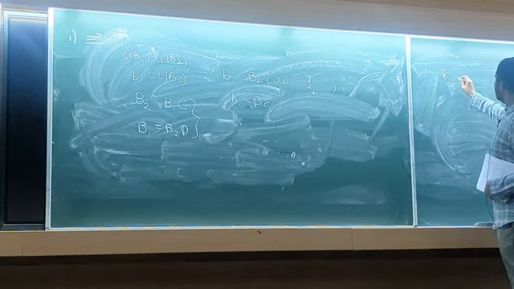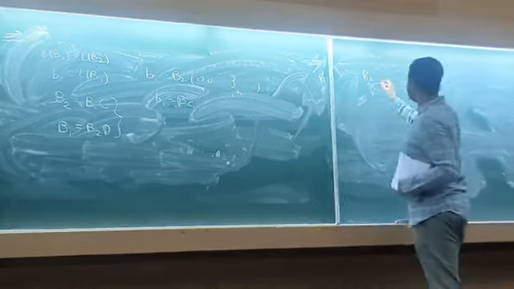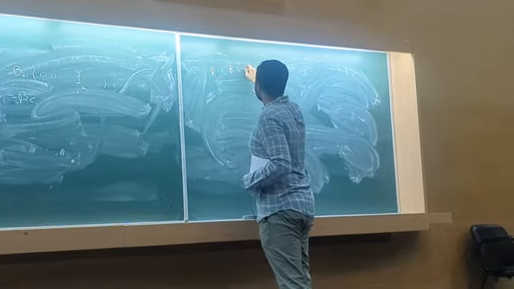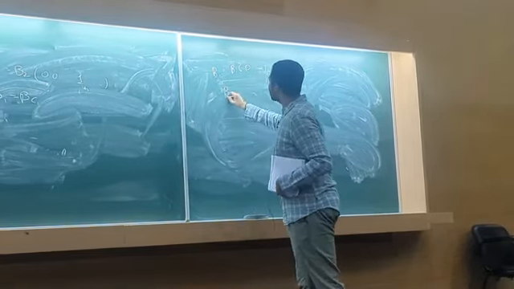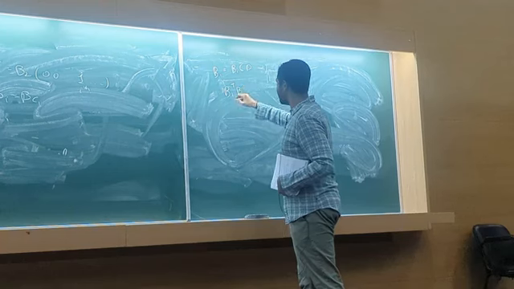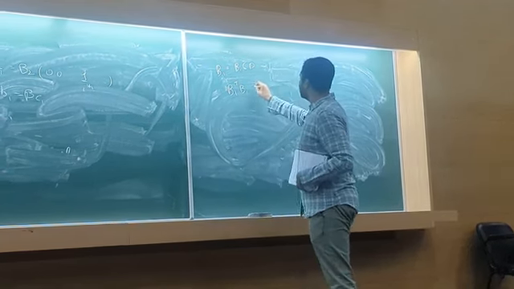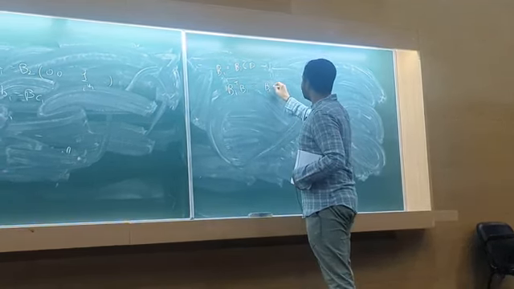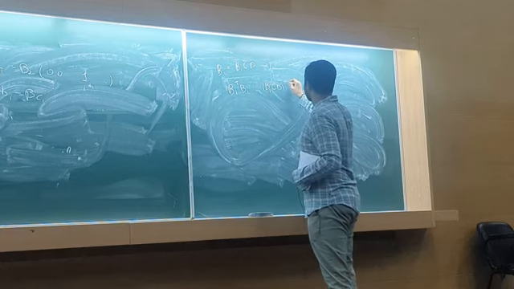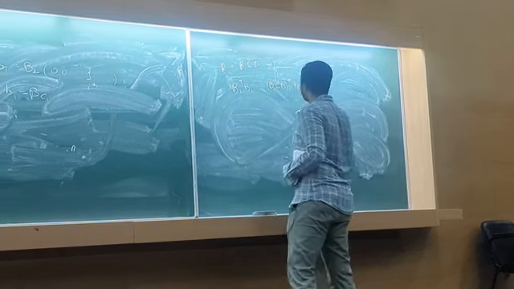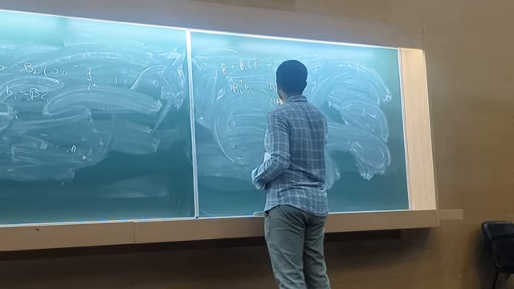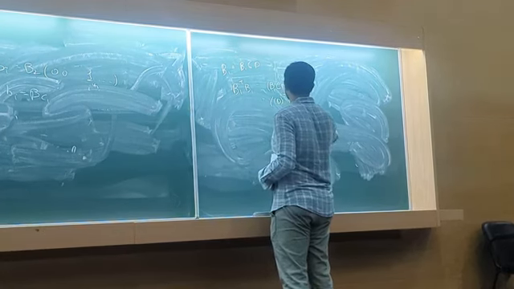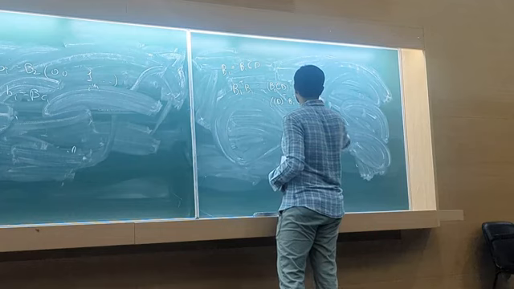B1 is B2D, which is B1CD. Consider B1 transpose B1. That will be (B1CD) transpose times B1CD, which is equal to (CD) transpose B1 transpose B1 CD.